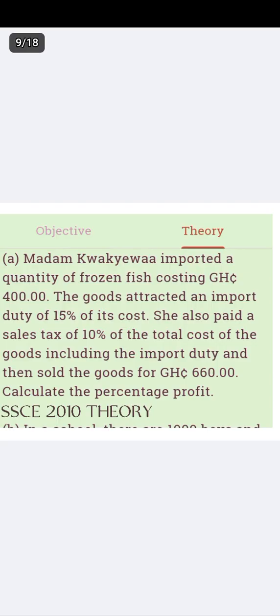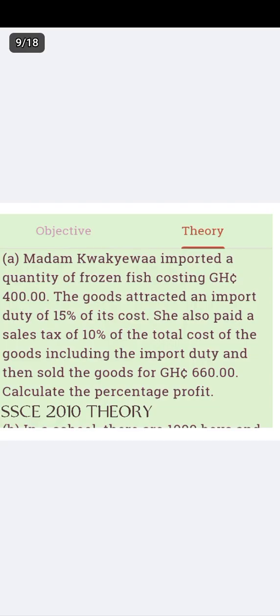And the actual cost will be the cost, which is 400, plus the import duty, 15% of 400, and also we are going to add 10% of the sum of the cost plus import duty, and that will give us the cost price of the quantity of frozen fish.